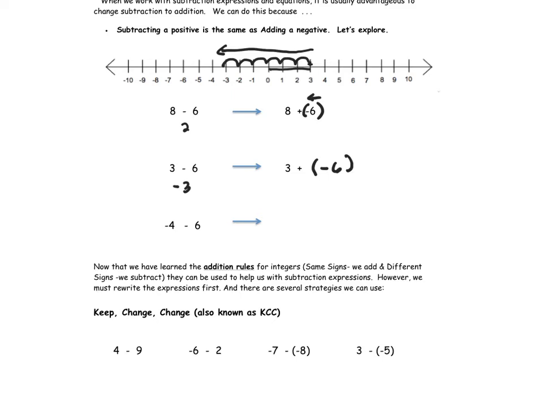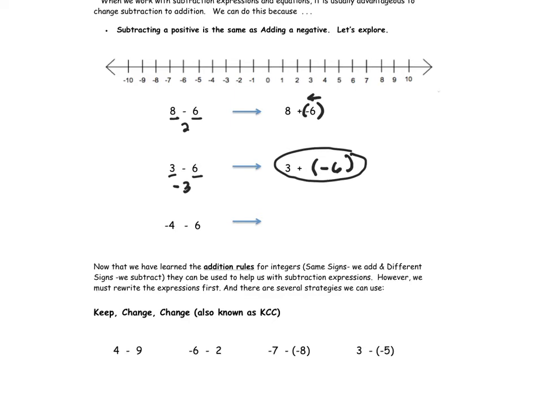So that might not be as familiar to us because we're not used to seeing 3 take away 6. We're used to seeing a bigger number minus a smaller number, but it might feel uncomfortable taking a smaller number minus a bigger number. And often students switch those around. So that's why we're going to prefer to write it this way. The next one's even trickier, so let's look at the next example.